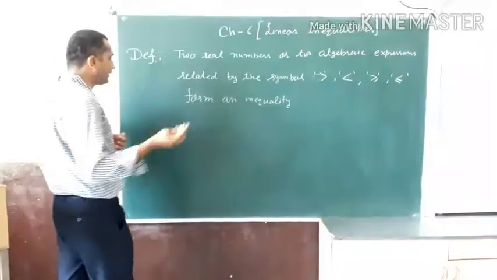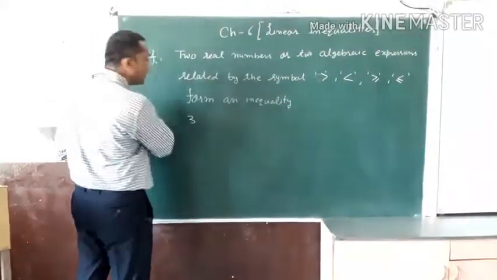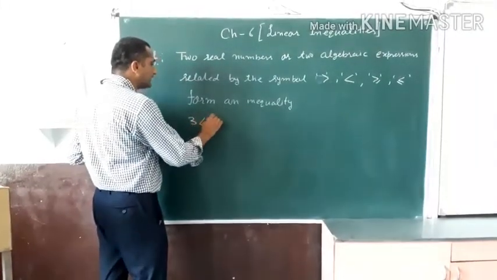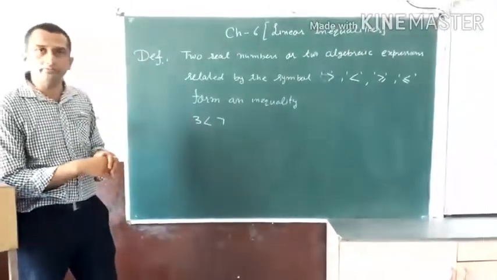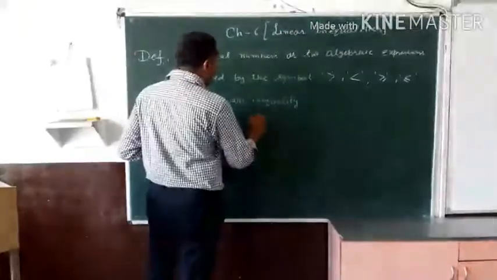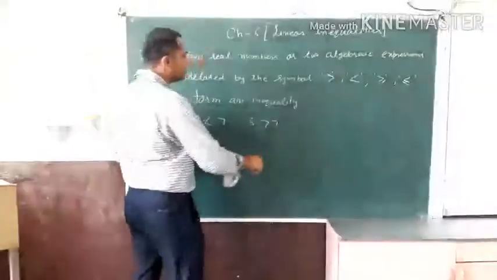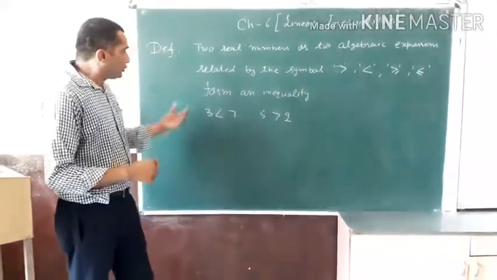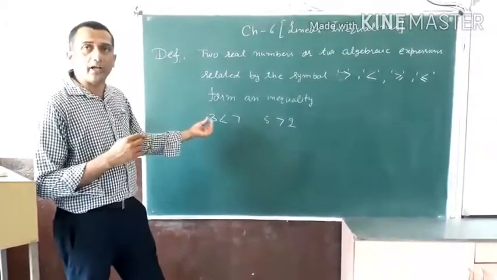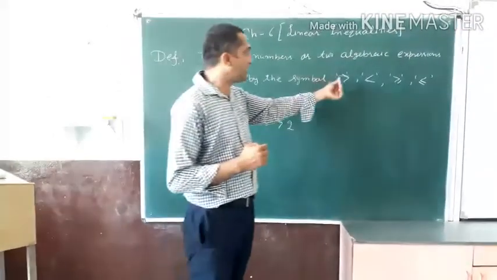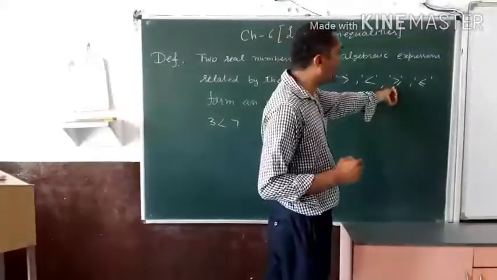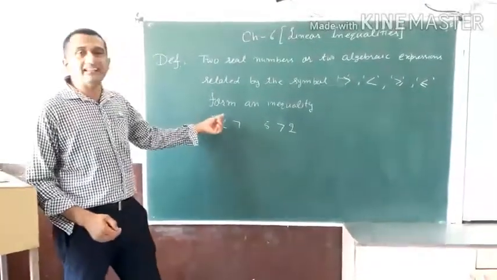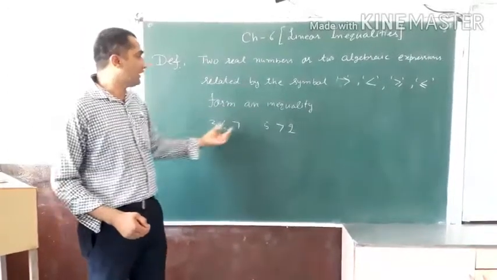Suppose we have a real number 3. We know that 3 is less than 7, and 5 is greater than 2. So these are the inequalities, if we put these signs: greater than, less than, greater than or equal to, and less than or equal to. 3 less than 7, 5 greater than 2.